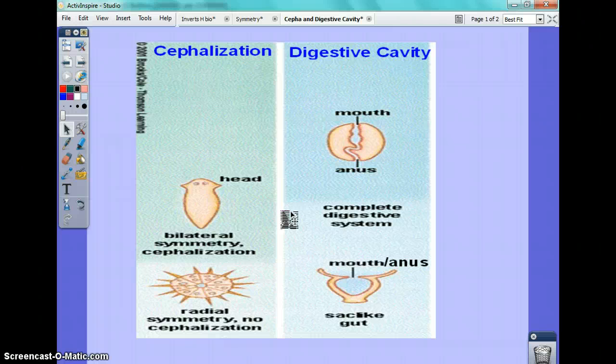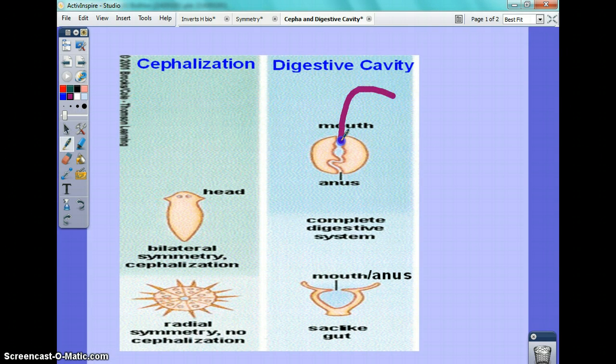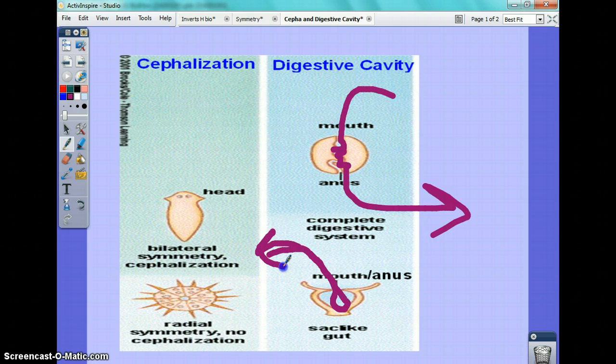Okay, so in here you show some organisms have a mouth and they have some kind of system and then they excrete out of another area, while some organisms have a mouth and the mouth is. So we'll talk more about each of these types of digestive cavities and about layers and the formation of tissues tomorrow or Monday.